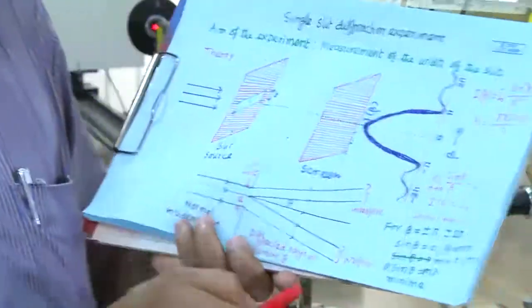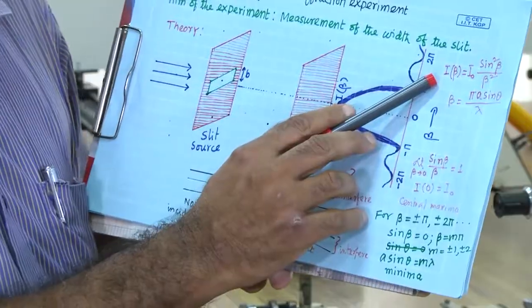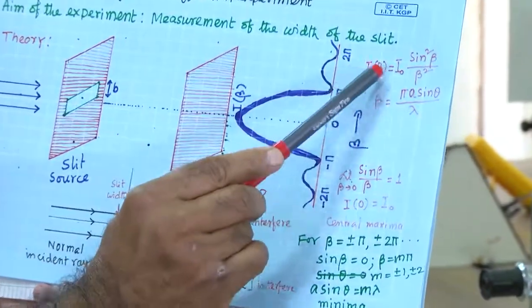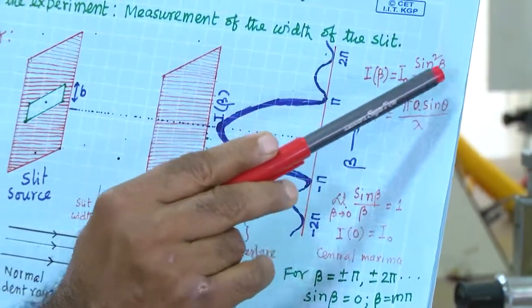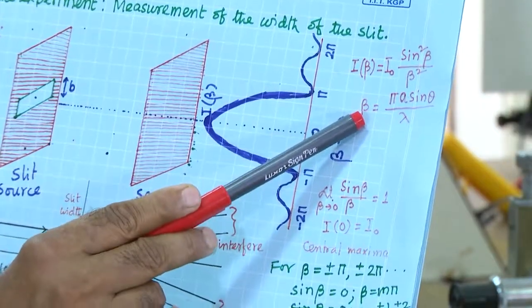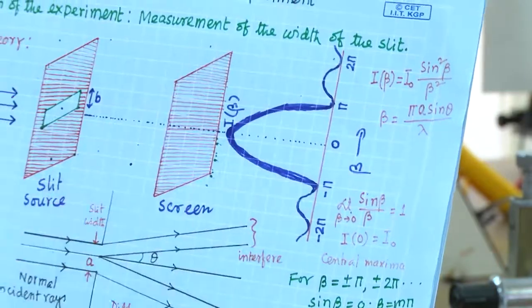Okay. So, the intensity variation as a function of beta is I equal to I0 sin square beta by beta square. What is beta? Beta is equal to pi a sin theta by lambda.